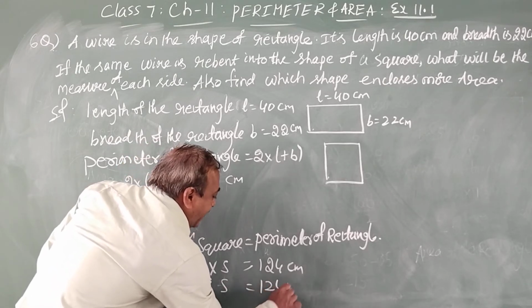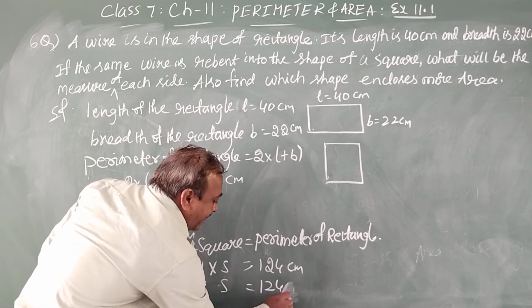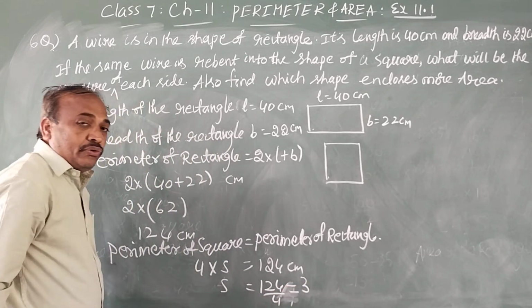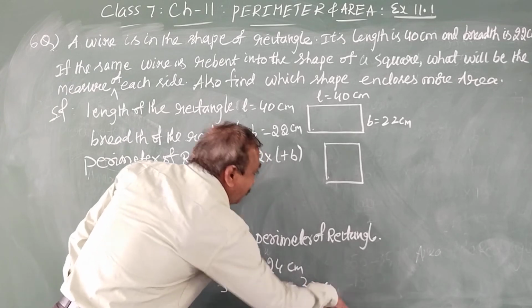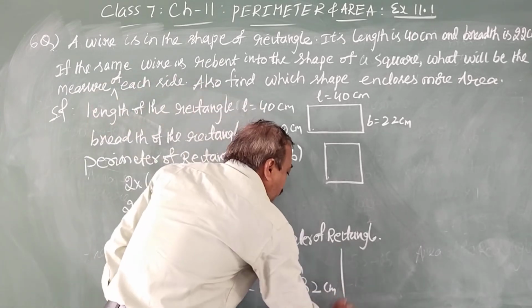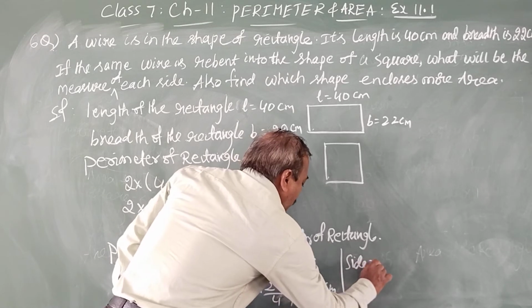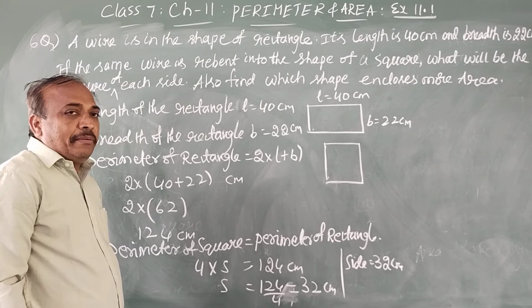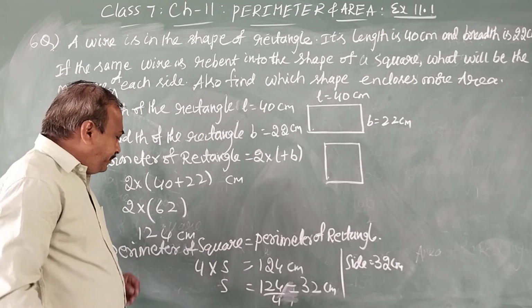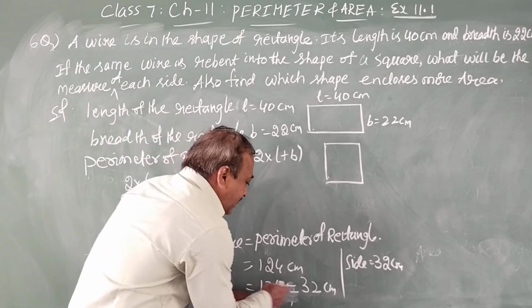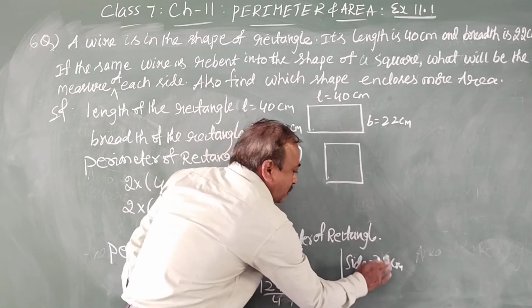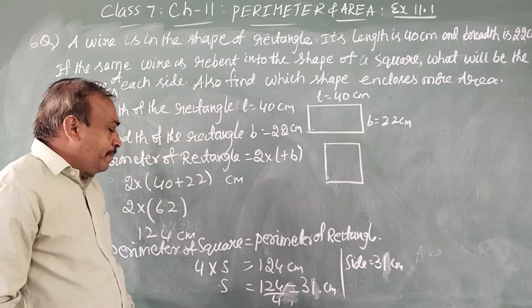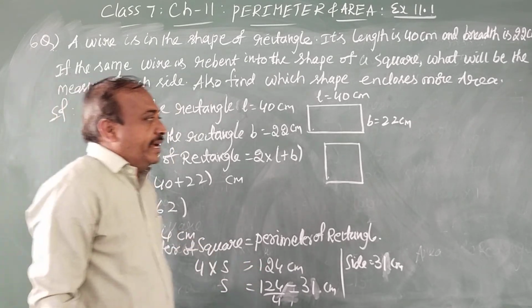Transpose: 124 divided by 4. 4 threes are 12, 4 ones are 4. So the side of the square is how much? Side is equal to 31 centimeter.